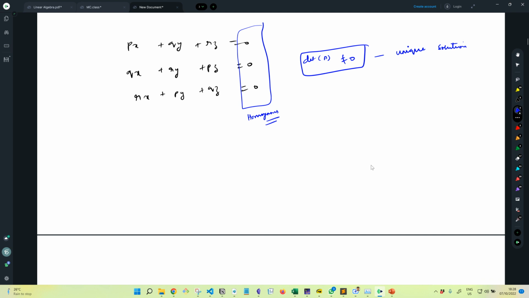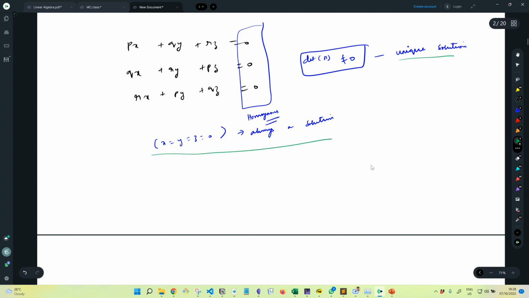Now, for a homogeneous system, x equals y equals z equals 0 is always a solution. If you link these two conditions, that is determinant of A not equal to 0 means unique solution, and for a homogeneous system 0 is a trivial solution, these two conditions imply that if determinant of A is not equal to 0, then the system has only the trivial solution.